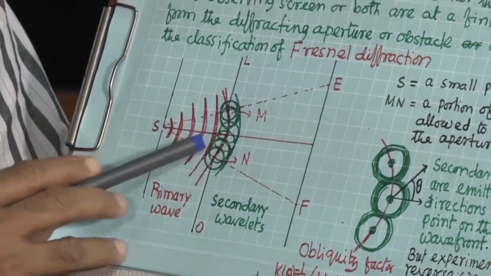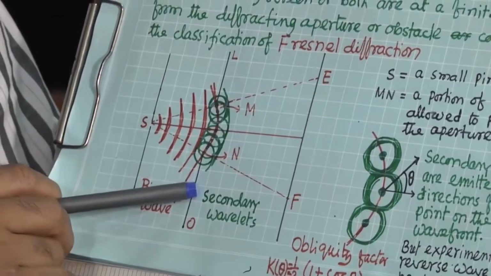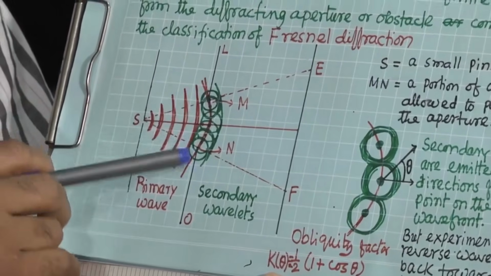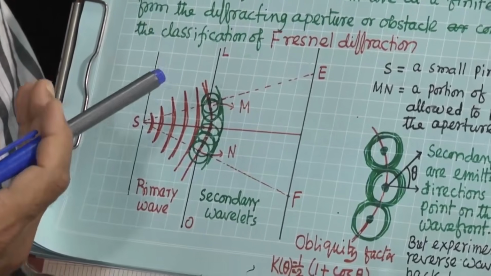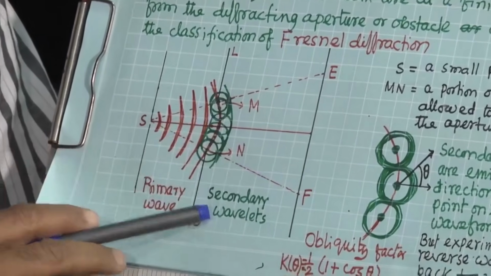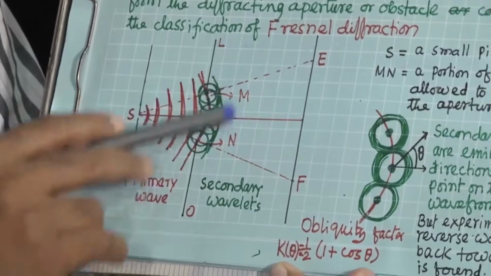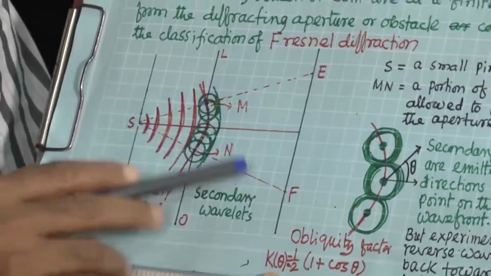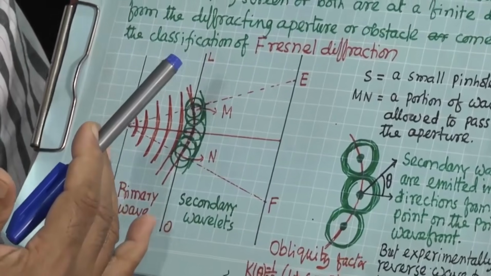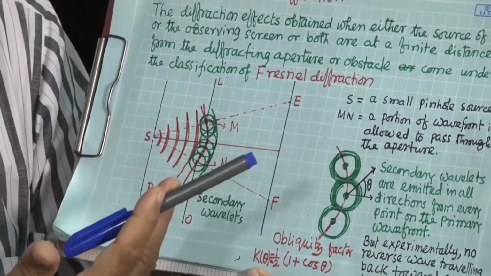It can also be a small obstacle. Each point on the wavefront acts as a new source and generates secondary wavelets, and the interference among the secondary wavelets is the diffraction.